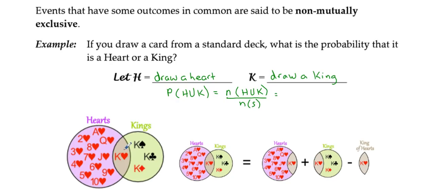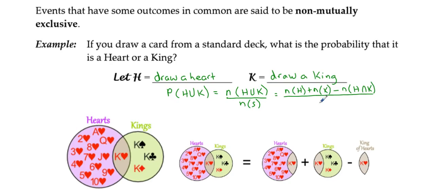When there's overlap, if you remember, you have to take the number of hearts and you have to add the number of kings. And hopefully from Unit 1, you have to remember that this king of hearts got counted as a heart, and this king of hearts also got counted as a king. So you have to subtract the number that is a heart and a king.